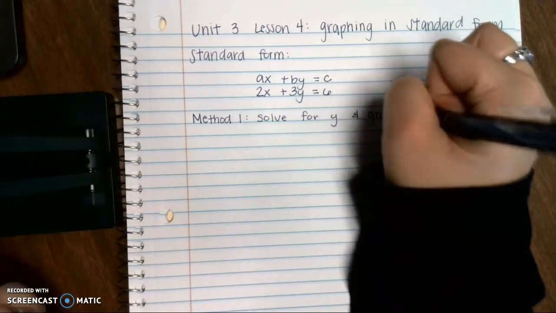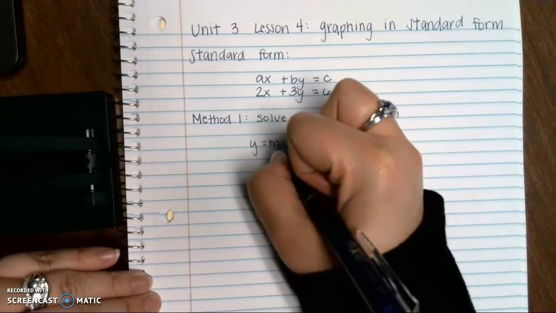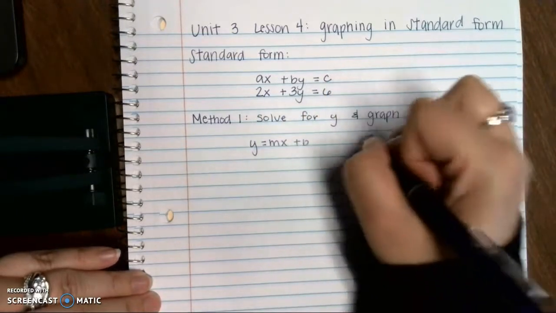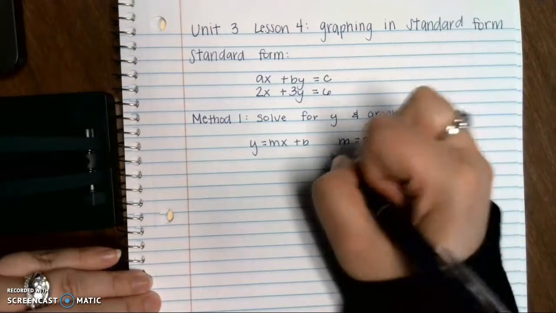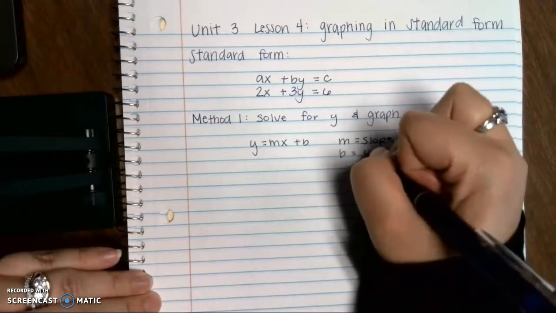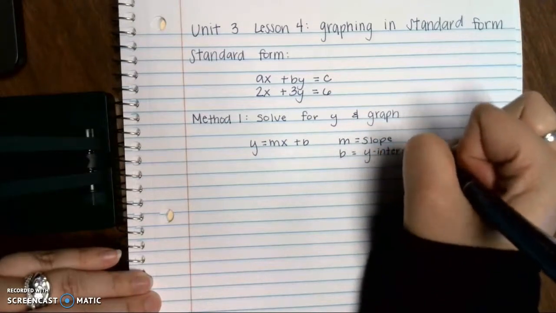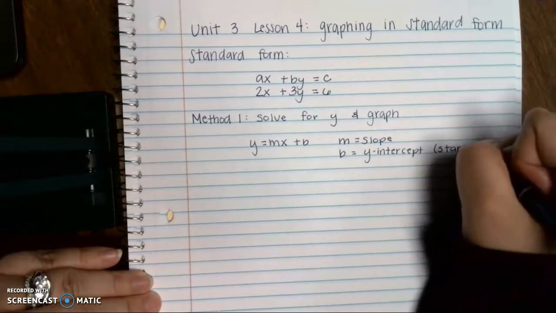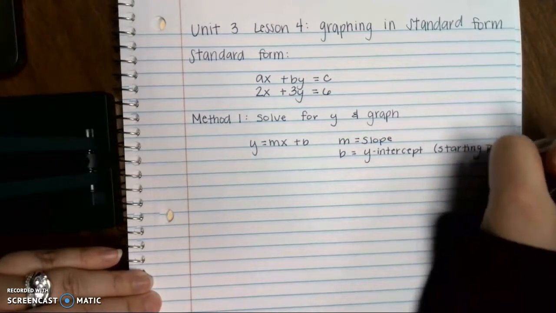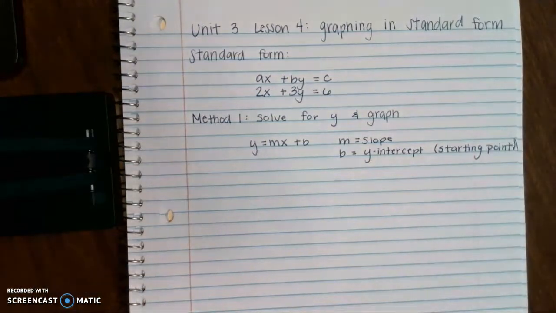So you can solve for y, get it to look like your y equals mx plus b, where remember m is your slope and b is your y-intercept. Your y-intercept is also your starting point. I'm going to put that in parentheses so I don't forget. And then I just graph like I did in my last video. So we're going to try one of those first.